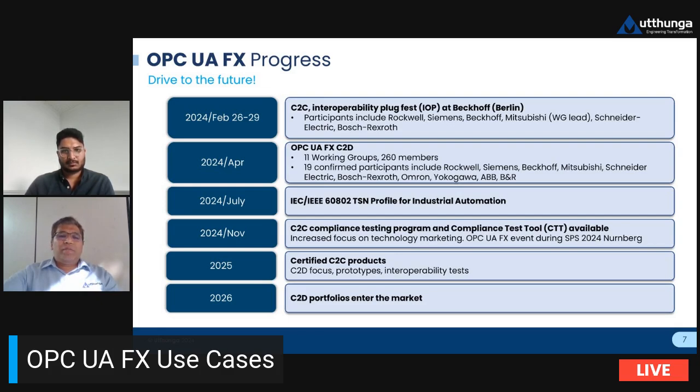And in November 2024, the controller to controller compliance testing program starts, and for the vendors to test their own implementation, a compliance test tool will also be available.